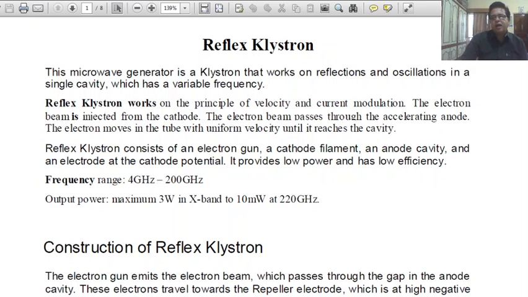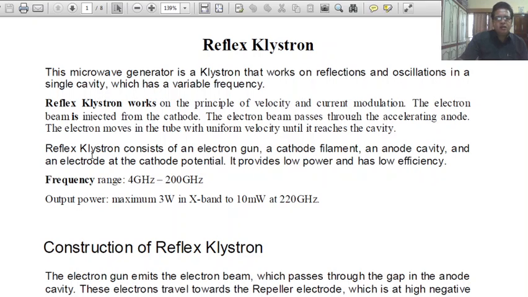That is an important point, because we apply the potential between cathode and anode, which accelerates the electrons. The electron moves in the tube with uniform velocity until it reaches the cavity. Electrons are moving with uniform, that means the same, velocity until they reach the cavity.